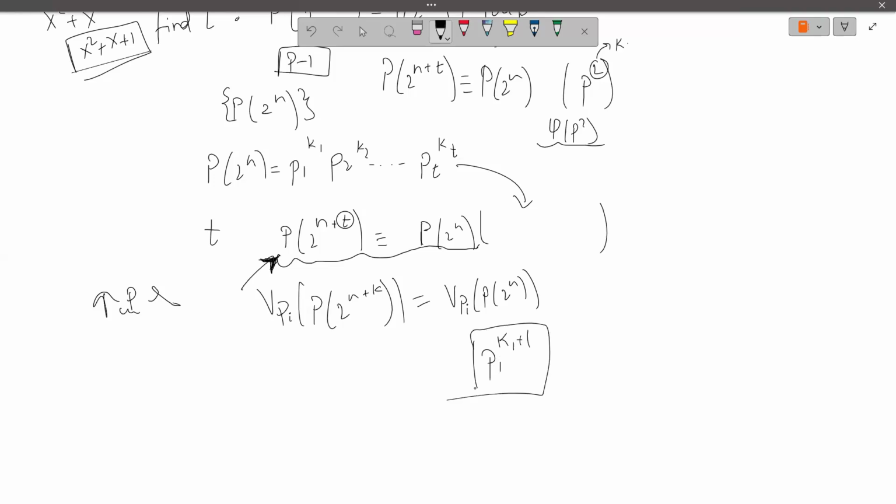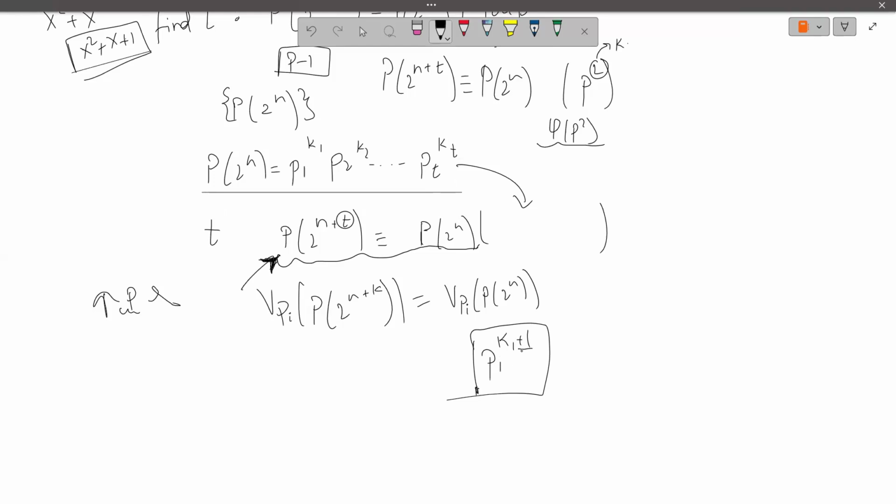What does that p1 to the k1 plus 1 do? This is just P of 2 to the n. But this quantity we know is not going to be a part of P of 2 to the n because it has an extra p1.